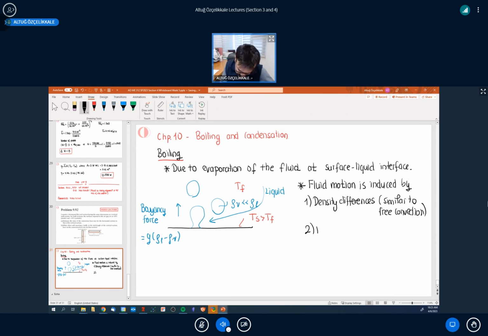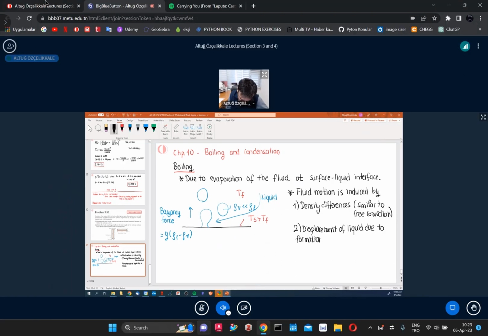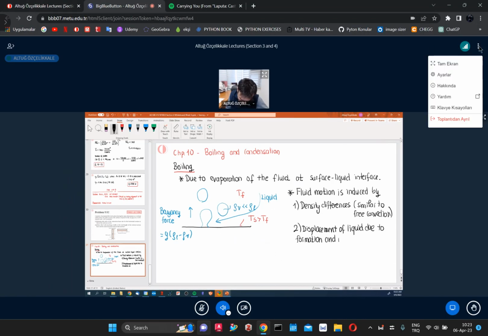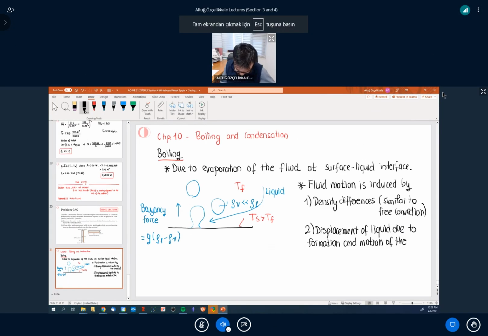So let's call this displacement of liquid due to formation and motion of the bubbles.